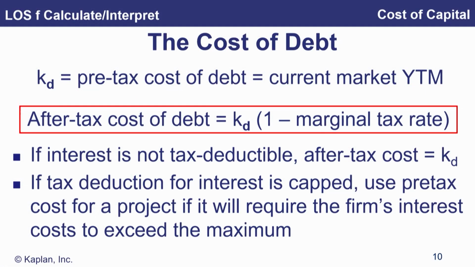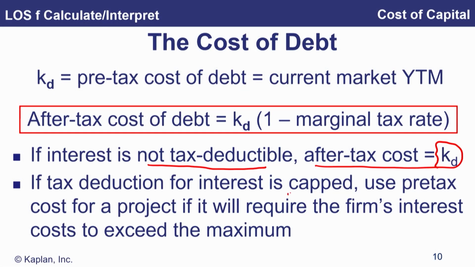So, cost of debt, if the interest is not tax deductible, after-tax cost is this. So you may run into a problem. They'll say, oh, this firm's considering a capital project. They're domiciled in a tax jurisdiction in which interest is not tax deductible. Or maybe there's a cap on the interest deduction.